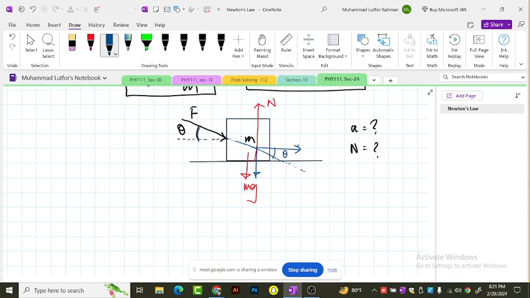Yes, sir. Then this should be F cosine theta, and this should be F sine theta, right? Am I right? Do you understand the free body diagram? This is very important. Come on, guys, I'm telling you. In this chapter, the free body diagram is very important. If you can understand the free body diagram, then 50% of your problem is going to be solved.